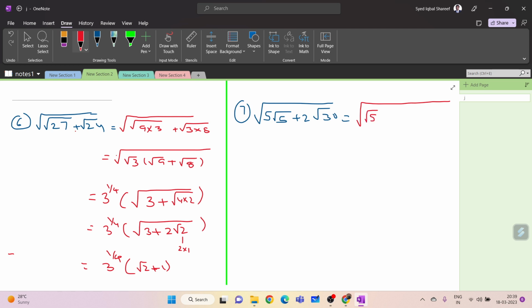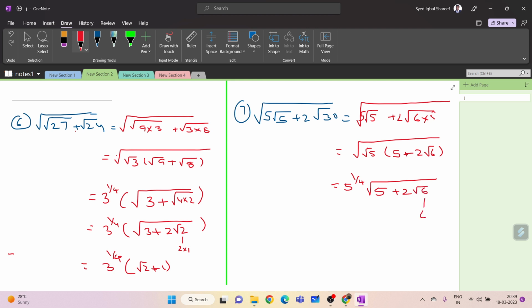So root 5 into root 5 plus 2 into root 30. What can I do? I can take root 5 common from here. So only 5 is left. From here, if I take root 5 common, we are left with 2 plus root 6. Now 5 to the power of half, if you take this half outside, it becomes 5 to the power of 1 by 4 square root of 5 plus 2 root 6.